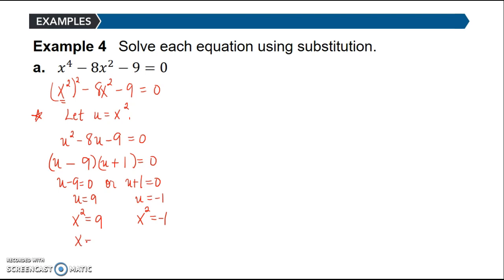So applying the square root property, we get x to be plus or minus the square root of 9, which is plus or minus 3. And if x squared equals negative 1, we get x is equal to plus or minus the square root of negative 1, which is i. So we have the 4 solutions, plus or minus 3, and plus or minus i.